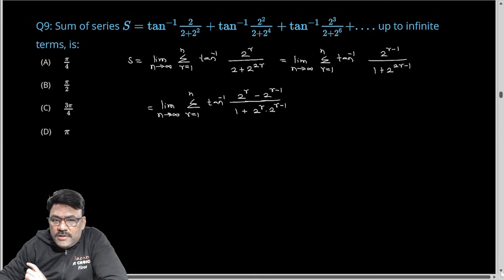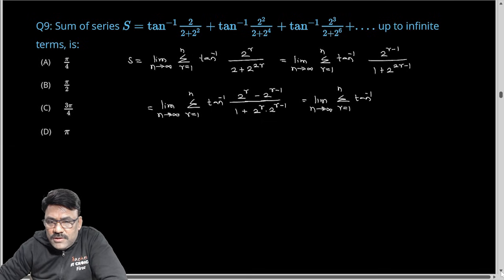So now it is the formula tan inverse of x minus y over 1 plus xy. So this is tan inverse 2 raised to r minus tan inverse 2 raised to r minus 1.